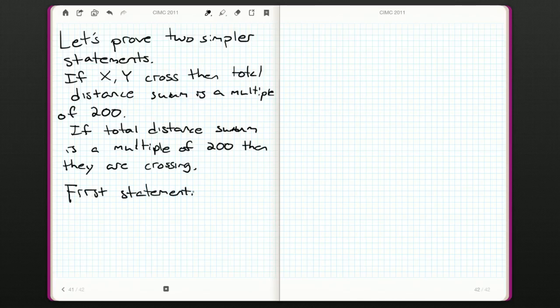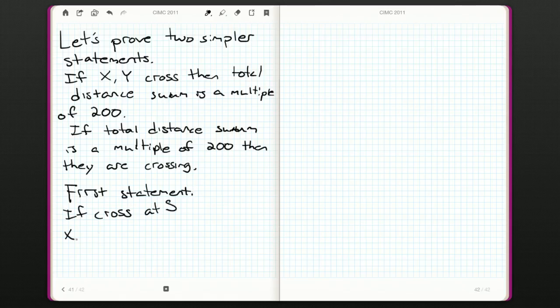Well, they can cross at S, so that means they both hit S at the same time. They can cross at N, which means they both hit N at the same time. And they can cross somewhere in the middle as long as they go in opposite directions, as long as they can sort of high five as they pass. So there's three cases here. We know they're crossing, we just want to show the total distance swum is a multiple of 200.